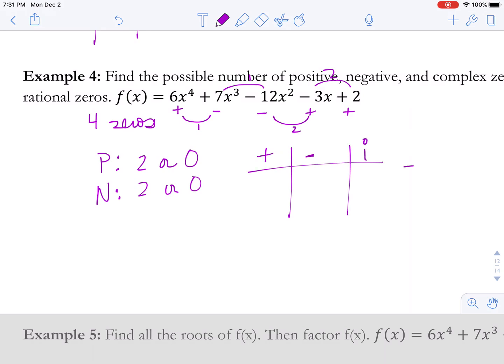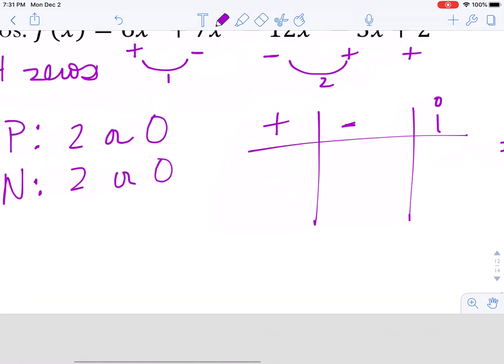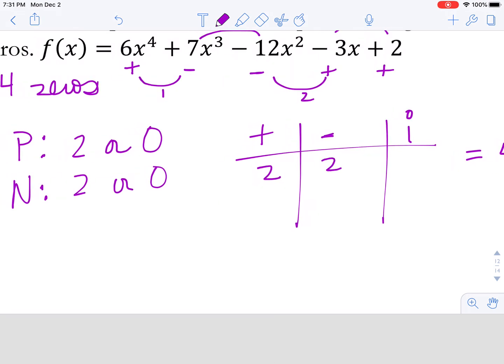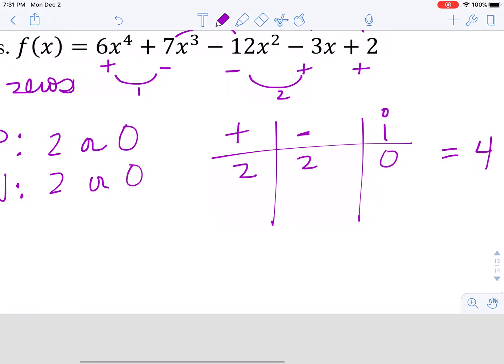Now remember, I need to add up to 4. So I could have 2 positives with 2 negatives, and that would give me 0 imaginaries because I have to add up to 4. I could also have 2 positives with 0 negatives, and that would give me 2 imaginaries.